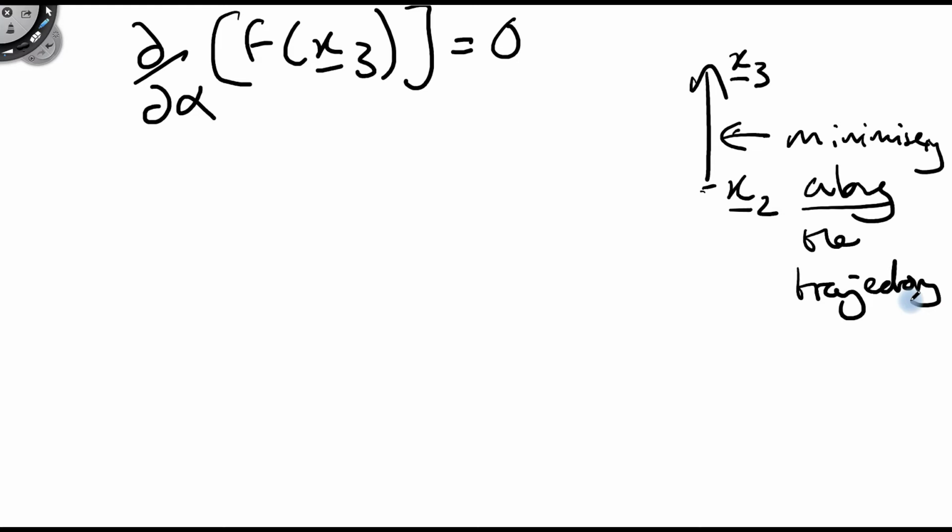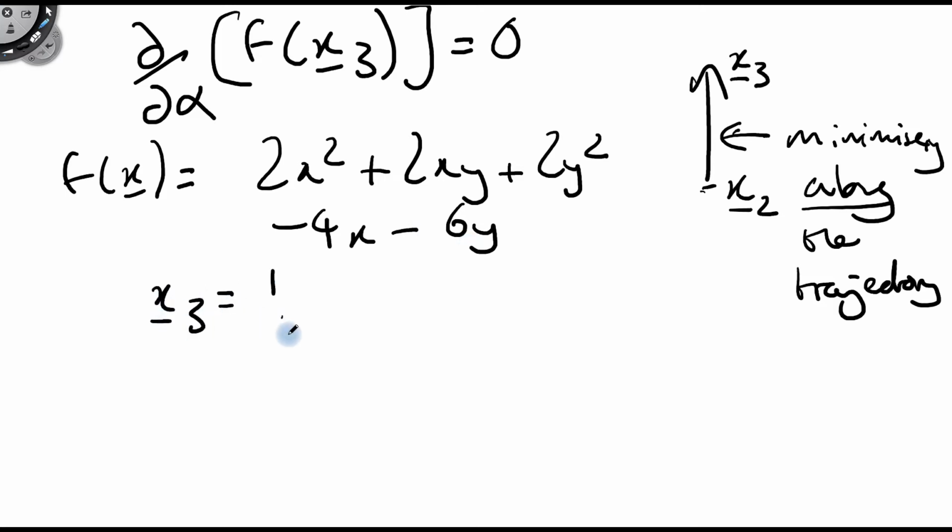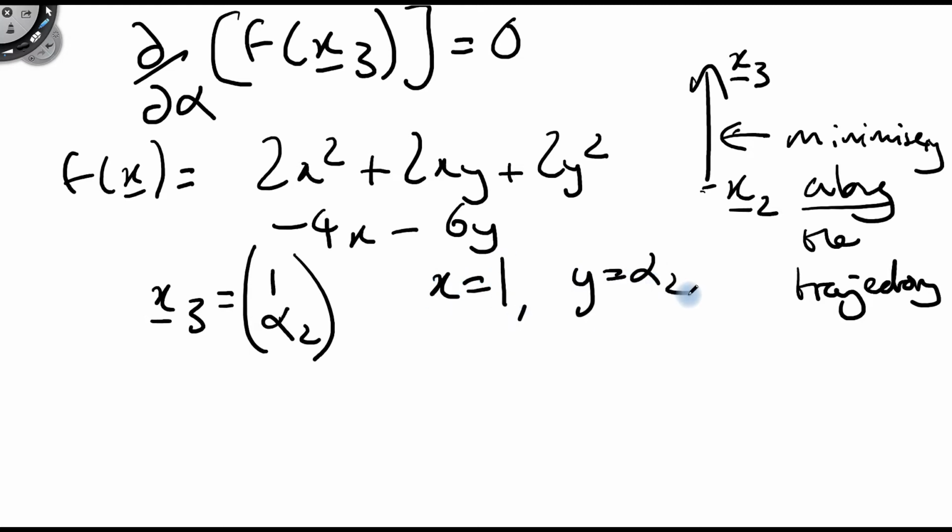So we've got to remind ourselves what f is. Well, f of x vector is 2x squared plus 2xy plus 2y squared minus 4x minus 6y. And because x3 is 1 alpha, all we're doing then is substituting x equals 1 and y equals alpha into it.